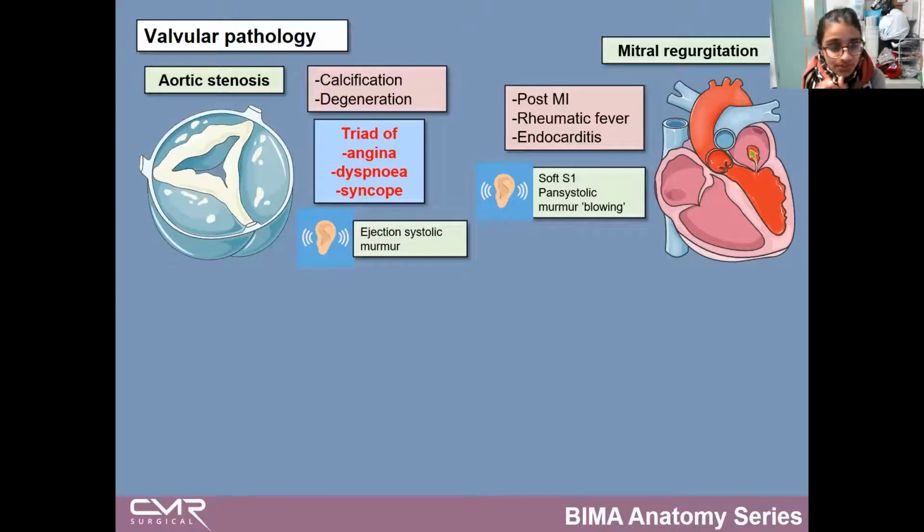That's what causes the regurg, when your valve isn't closed properly. It's not shutting, so it's not causing that loud S1. Instead, it's soft. And then you get a pan-systolic murmur, because when the ventricles contract, when systole occurs, that blood is just bubbling up. So it's throughout the whole systole. It's bubble, bubble, bubble, bubble, whilst the ventricles are contracting.